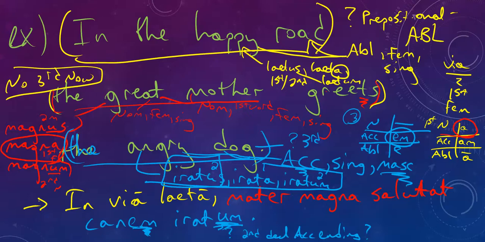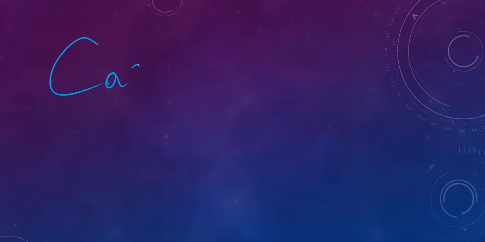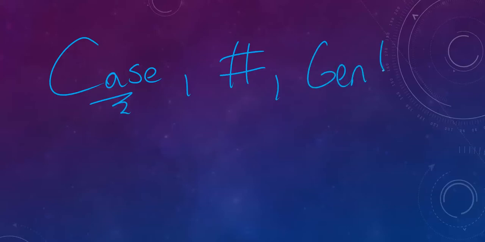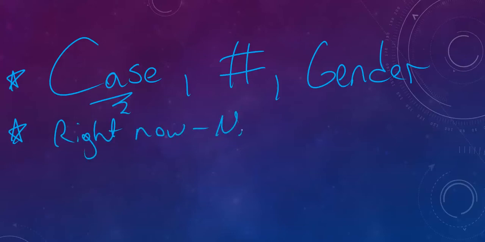The big thing for you guys to remember here is the adjectives and the nouns must be the same case, they must be the same number, and they must have the same gender. Right now, no third adjectives.